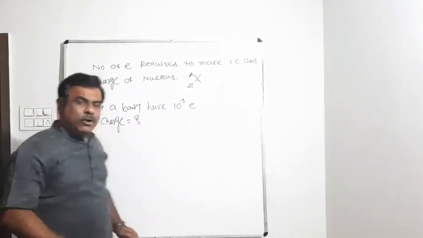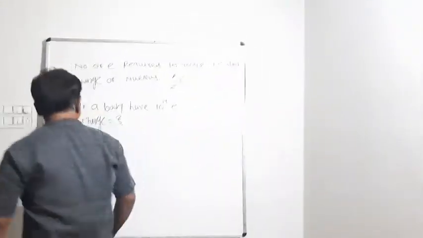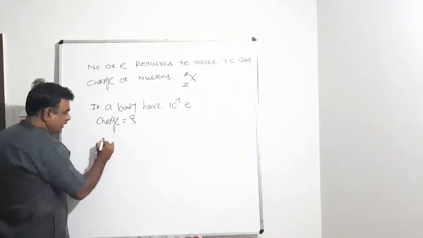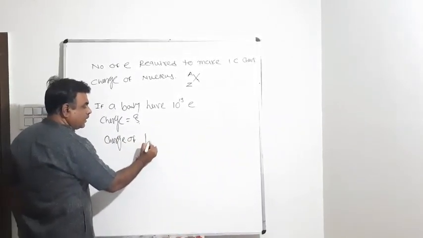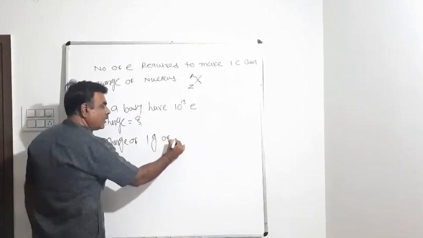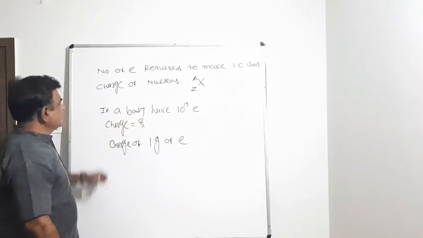And by the law of quantization we can also correlate charge with mass. One question based on that I am also giving. What is the charge of 1 gram of electrons? So this is the application part.